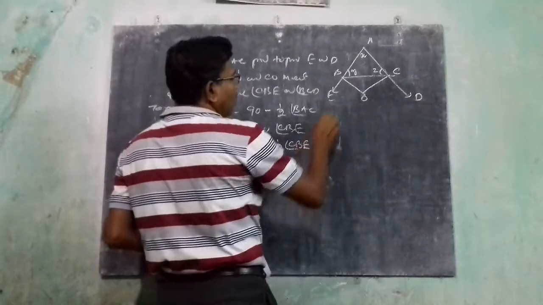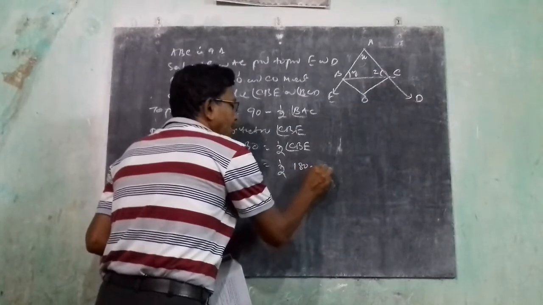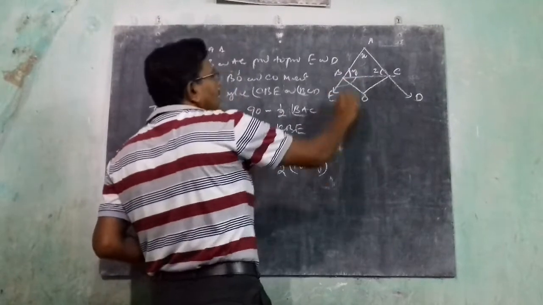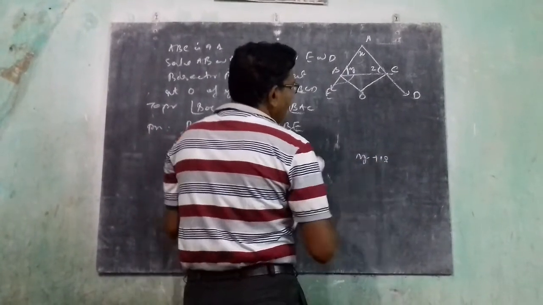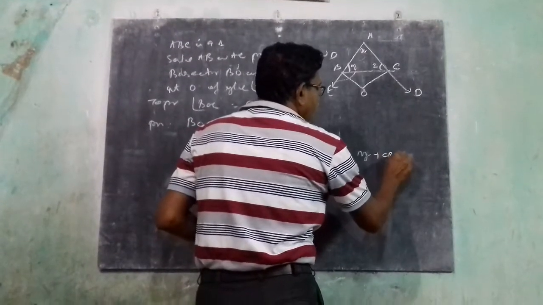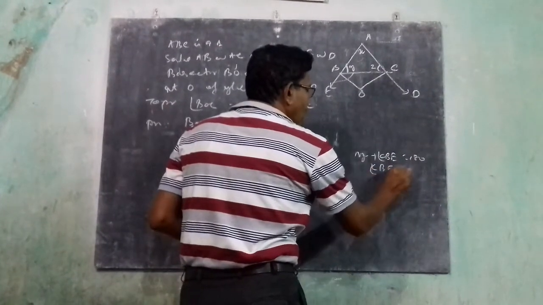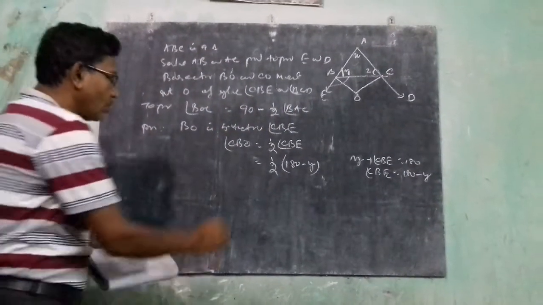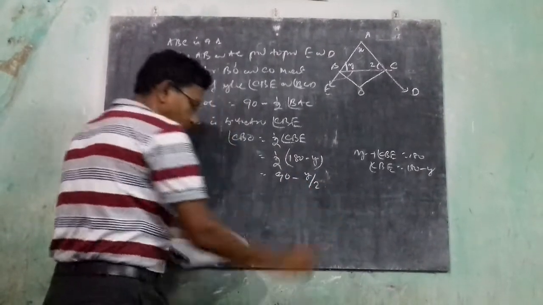Now we find CBE. Y plus angle CBE equals 180, a linear pair. So angle CBE equals 180 minus y degrees. Half of this gives CBO equals 90 minus y by 2.